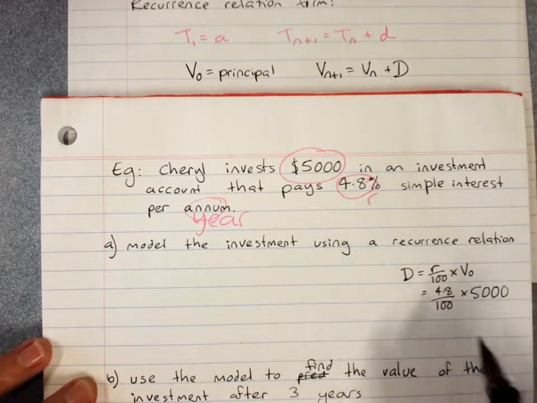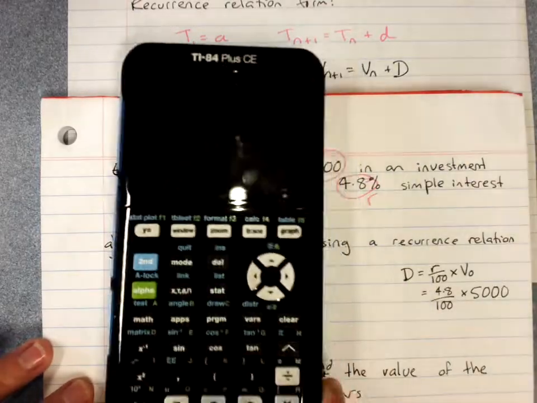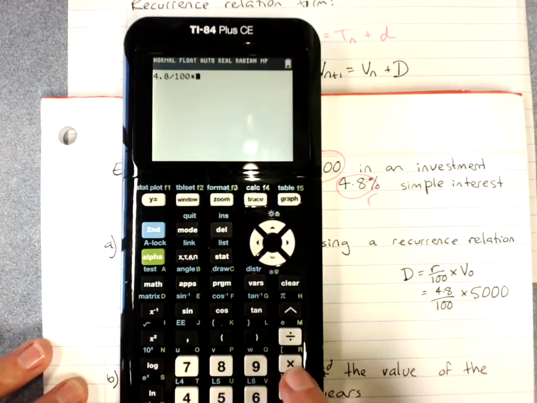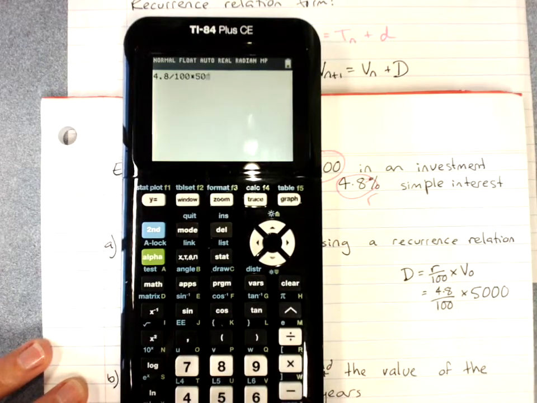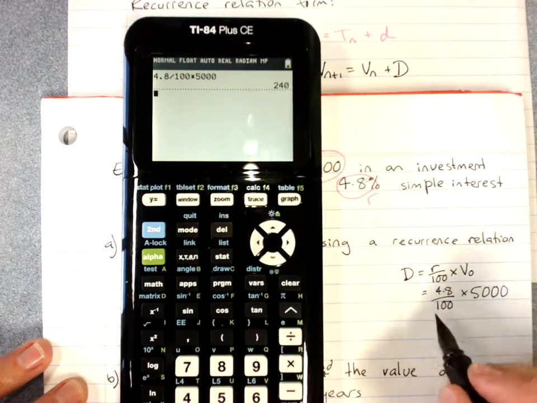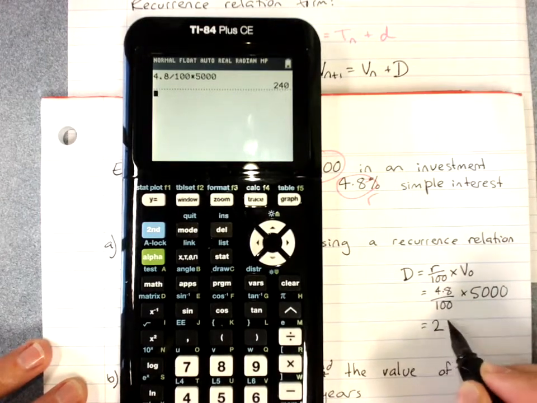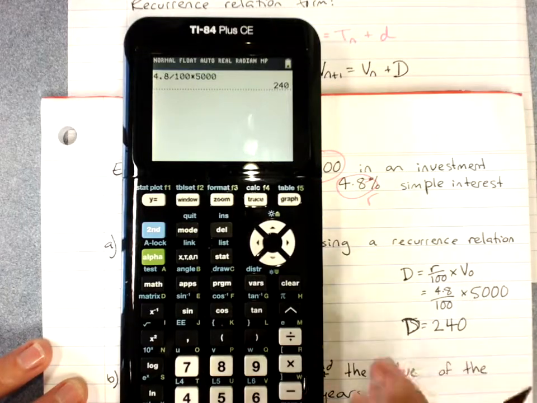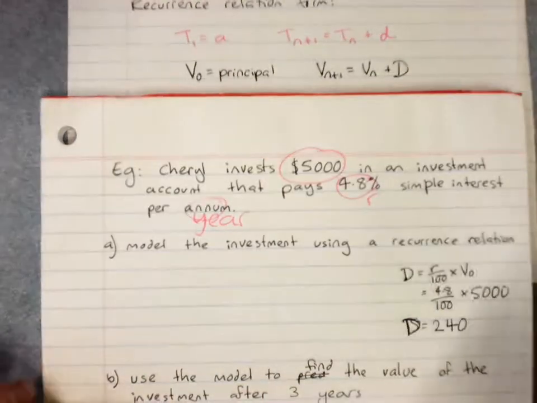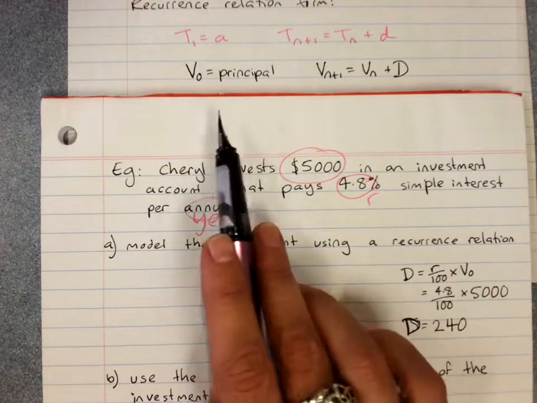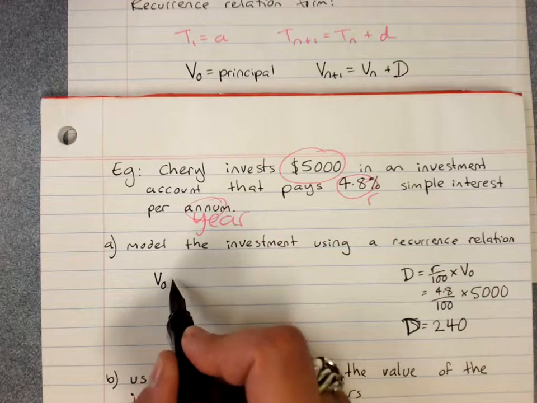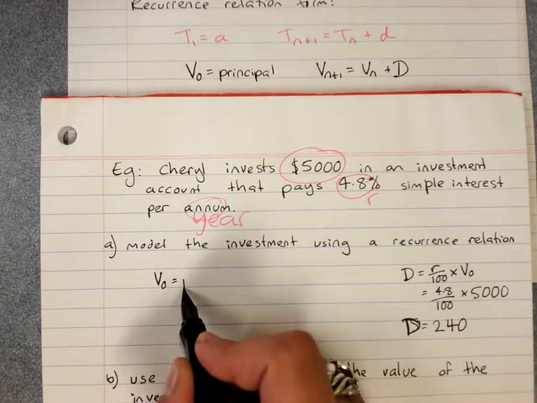Please do show your working for D. You've got a formula for it, you might as well show it. 4.8 divided by 100 times 5,000. So this gains us $240 every year. That's a D there. And then we just use our rule. V0 is the principal.